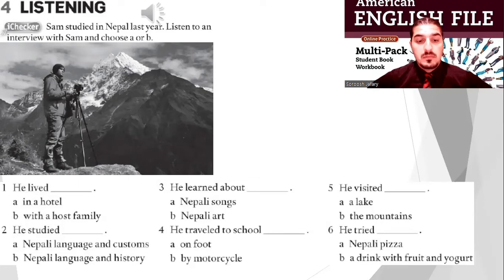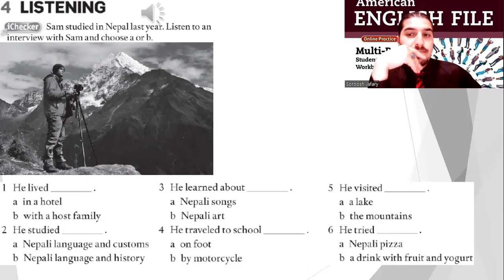My host brother traveled by motorcycle, but I didn't want to do that. The traffic was terrifying. Did you visit the mountains? Yes, I did. I walked in the mountains for a week. It was very hard work. How was the food? Well, the food was okay. It was very basic. Rice and vegetables for breakfast, lunch, and dinner. I really missed American pizza. Oh, but I tried a delicious drink called a lassi. What is that? It has fruit and yogurt in it, and it's very delicious.